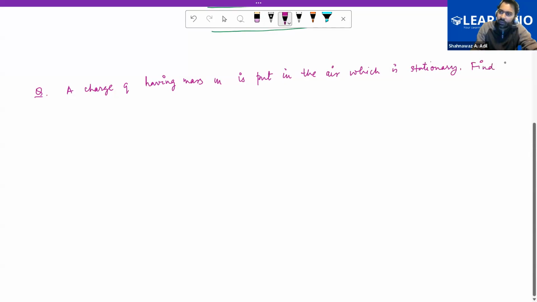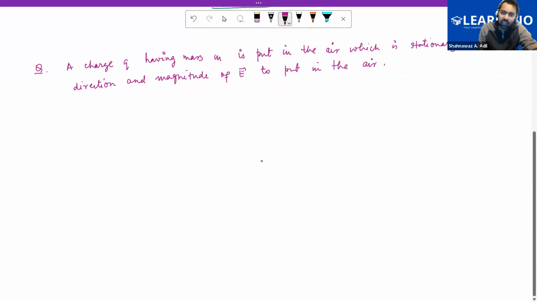Find the direction and magnitude of electric field to put it in the air.